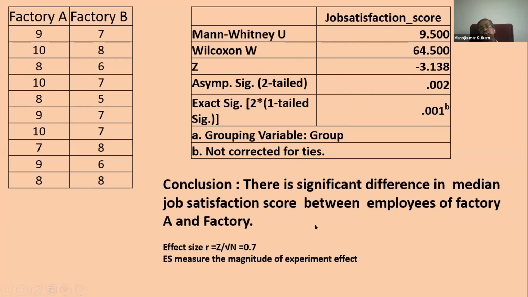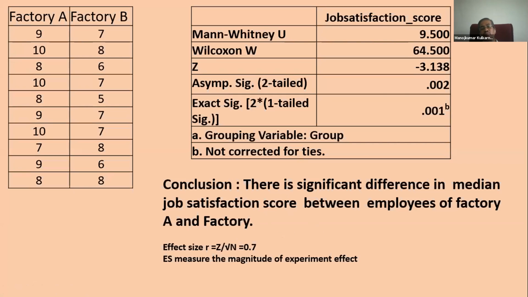Suppose you are conducting an experimental study, and we want to find out the effect size, because knowing only significance doesn't suffice. To what extent our intervention is effective, we can find the effect size by using this Z value: Z divided by the square root of n, which is 0.7. Based on this R value, if it is up to 0.2, a very mild correlation is there.